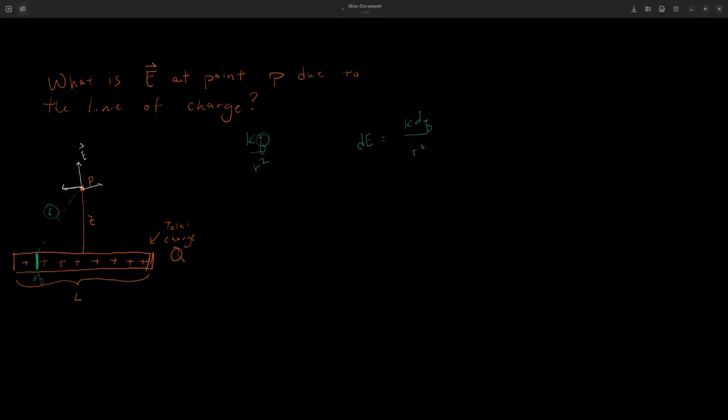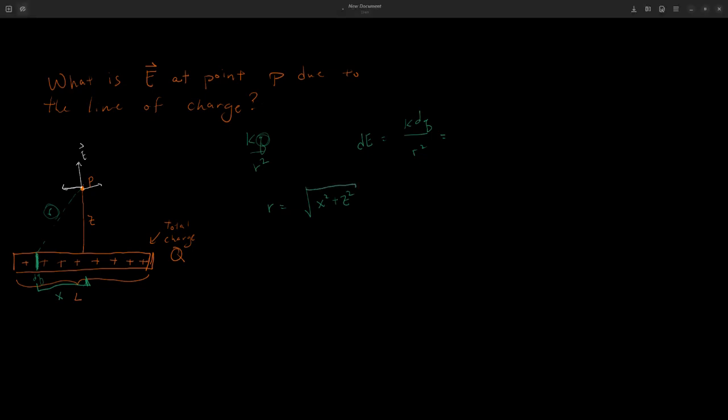So I need to relate my r distance with this x distance that I will call x here along the length of the charge. So in this case, r will be equal to the square root of x squared plus c squared, since that's my Pythagorean theorem.